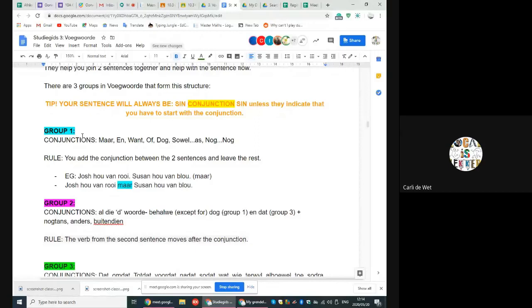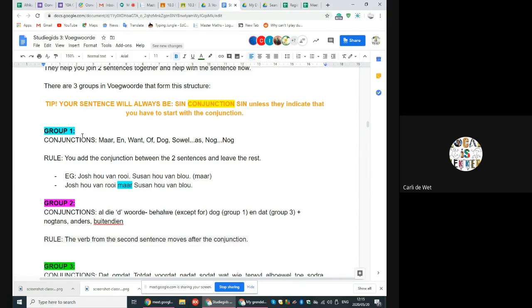So all of the words, all the conjunctions except for all, you identify the 2 verb 1s and you put them together in holy macaroni in the middle with a comma in between. All, you have to move verb 1 to just after all, and then the rest of the sentence, comma, then verb 1 again of the second sentence and the rest of the sentence.